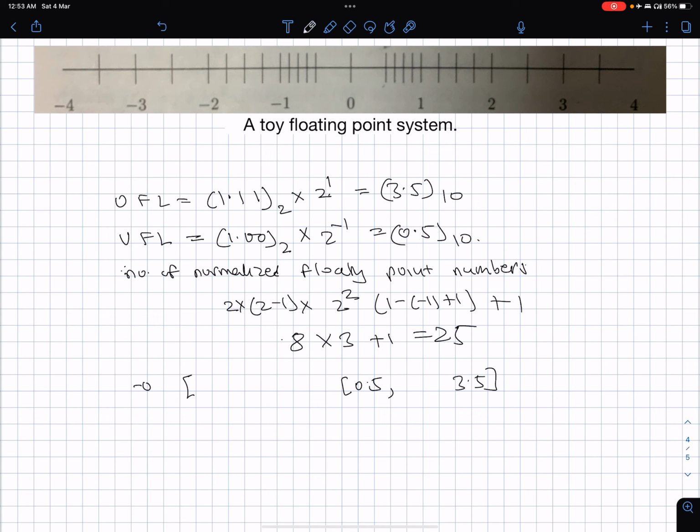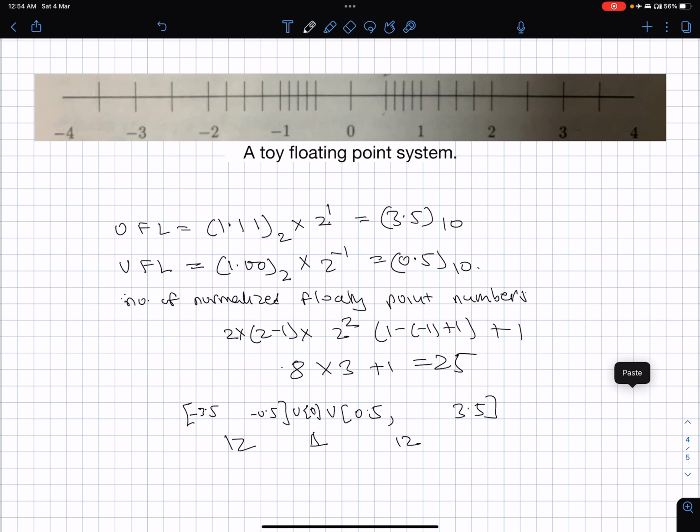Similarly, it will cover minus 0.5 to minus 3.5, and 0. So 12 numbers here, 12 there, and 1 zero number sitting in the center.